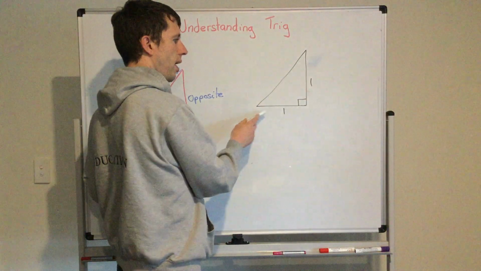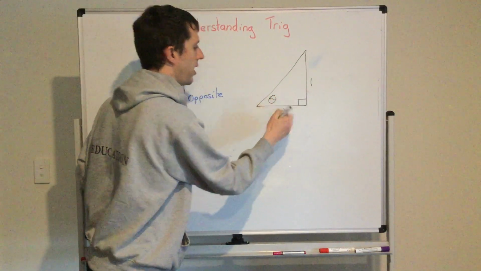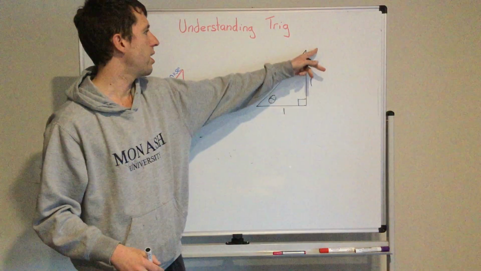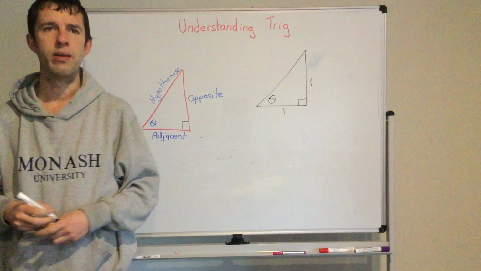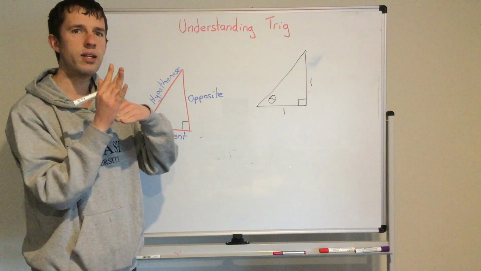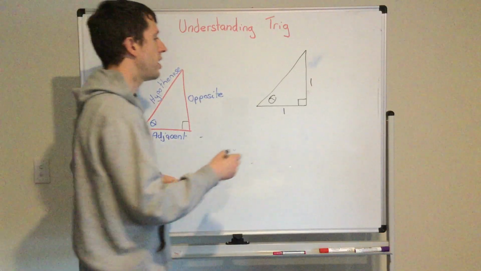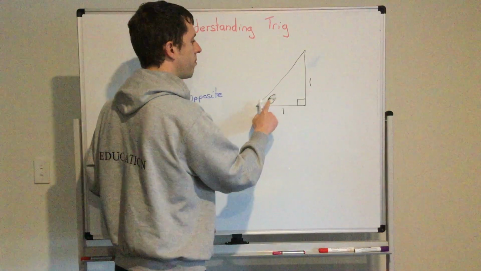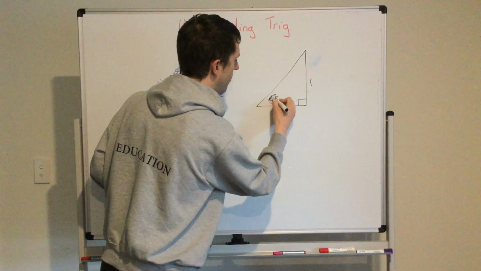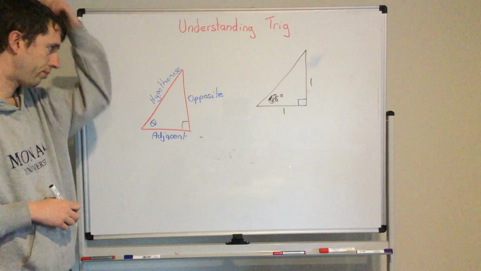I've got my adjacent side to this angle is 1 centimetre, and my opposite side is 1 centimetre. Both sides are exactly the same, so I know it's going to create an angle here of 45 degrees. But let's use our understanding to double check.